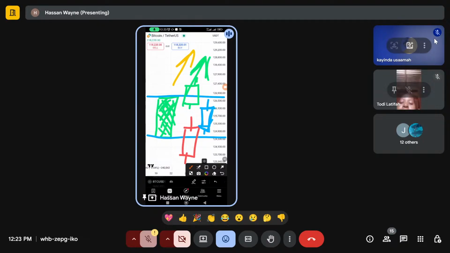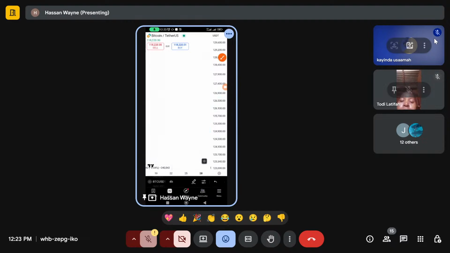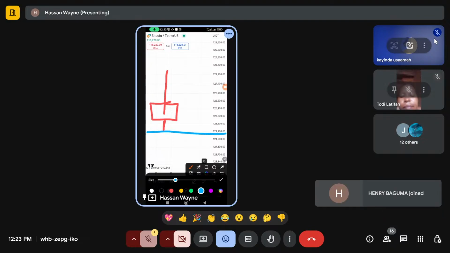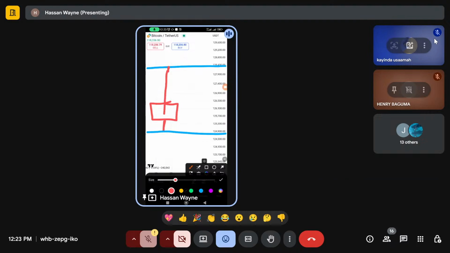For example, let me give you such scenarios where you shouldn't enter. Let me go back to our shooting star. Let us say we have formed our shooting star like this. It is a bearish shooting star. So I draw my support here and my resistance here, and I wait for the confirmation candle.